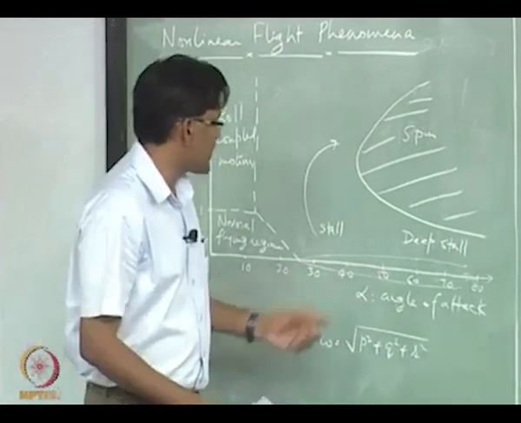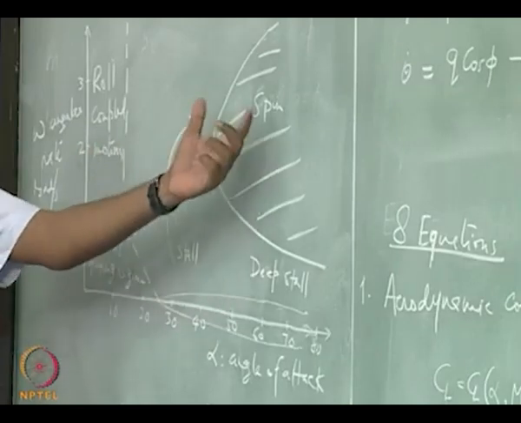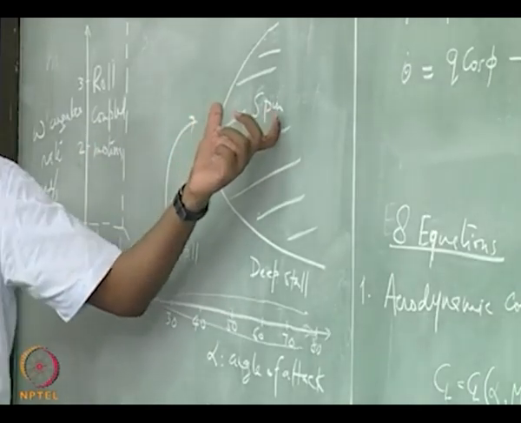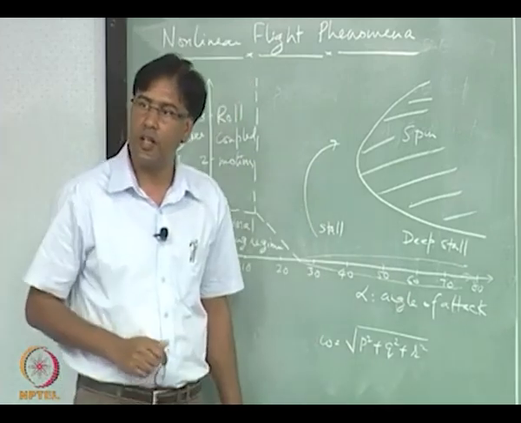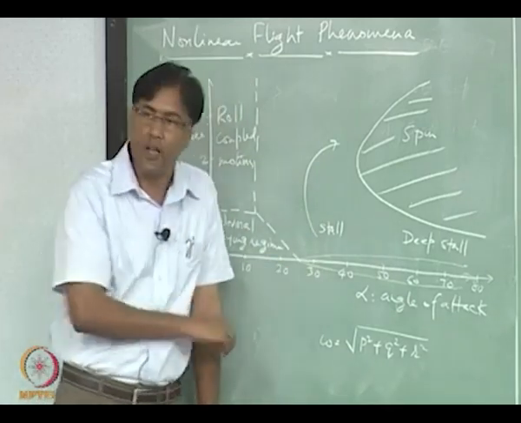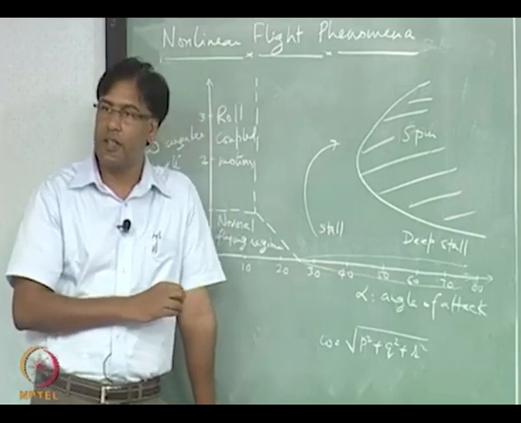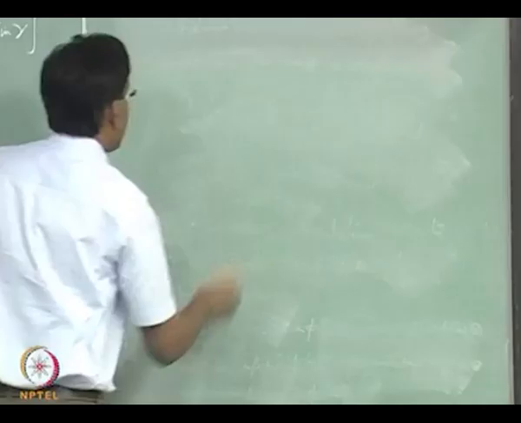So in such a situation, you can have a condition which is called spin, and spin is basically a high rotation in yaw of the aircraft, and that's purely because of aerodynamic reasons. Okay, let's also quickly talk about the roll coupled problem.